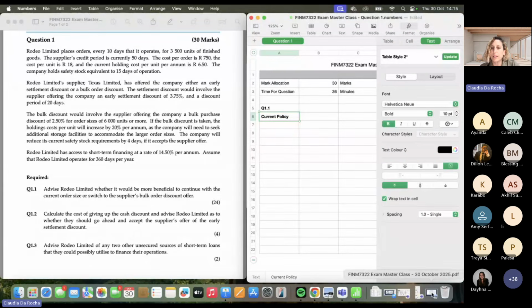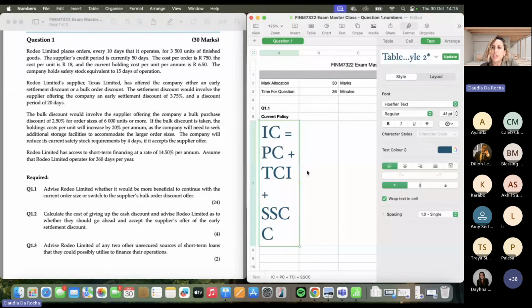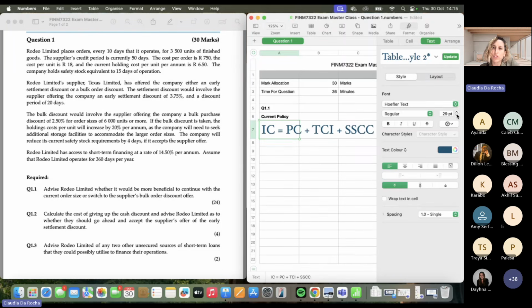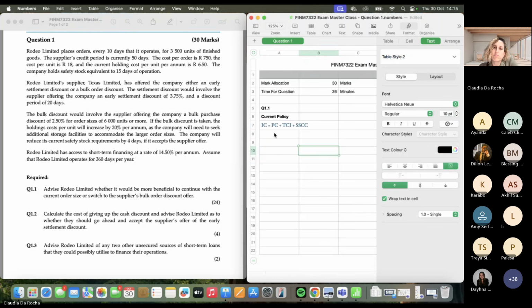So the formula is this one. But like I said to you, I am going to structure it so that we do it in a table format. You can do formula method or table method. I'm going to do table method here. And then obviously whatever solution you get from me, it will be a formula method, right? So we have to determine the inventory cost, we have to determine the purchase cost, and we have to determine the total cost of inventory.